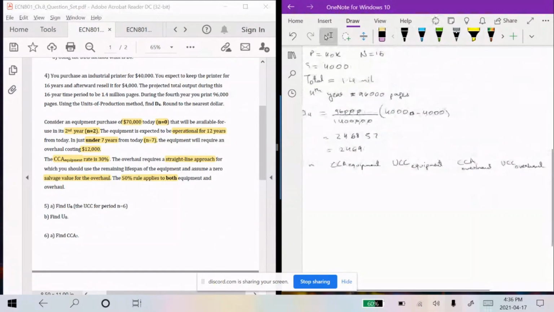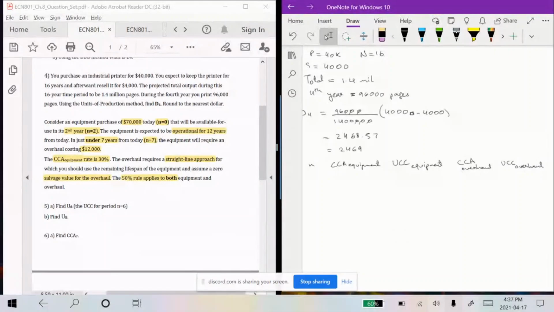Right. So they said that you're purchasing the equipment at n equals 0, but it'll start being available for use in its second year. The thing about CCA is you can only start depreciating the machine when it begins being available for use. We can't start it in the n equals 0 period.